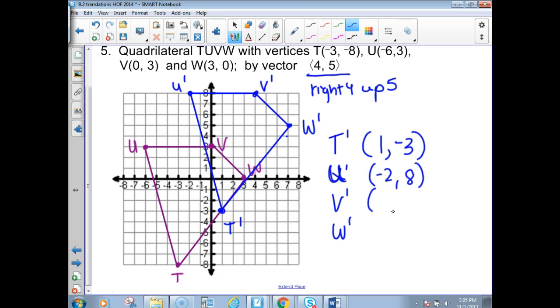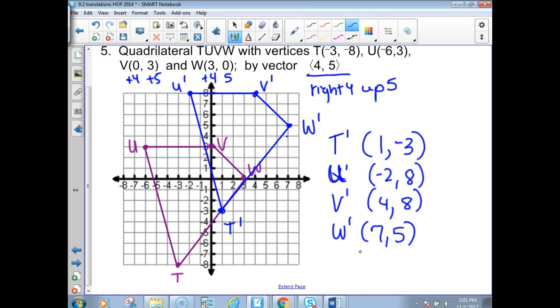V prime is at 4, 8. I added 4 to this and added 5 to that. If I add 4 to W, I'll get W prime is 7, 5.